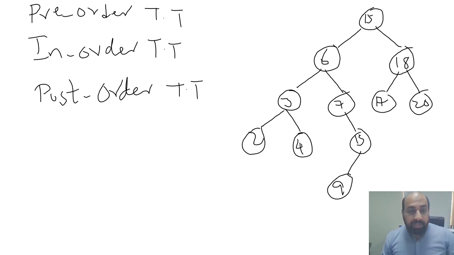So what happens in the in-order tree traversal? In-order tree traversal, remember, this is nothing but in a form, in a way like node left right.